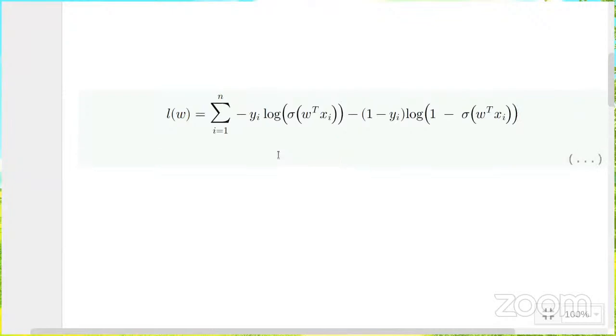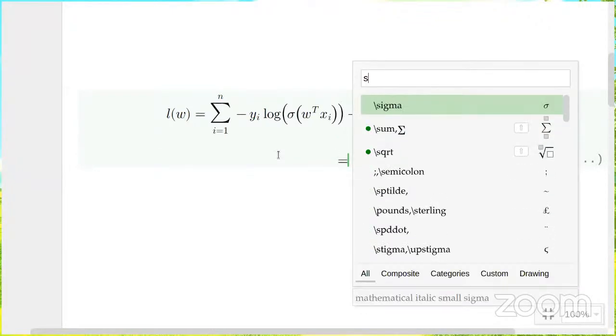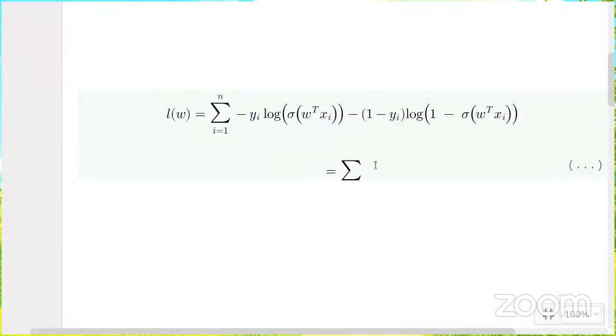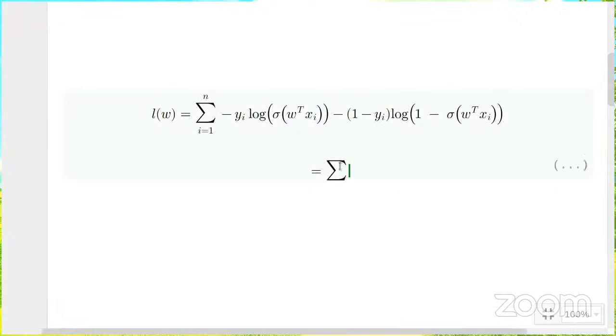Now I'll slightly change this expression and rewrite it in a way that is easier to understand.